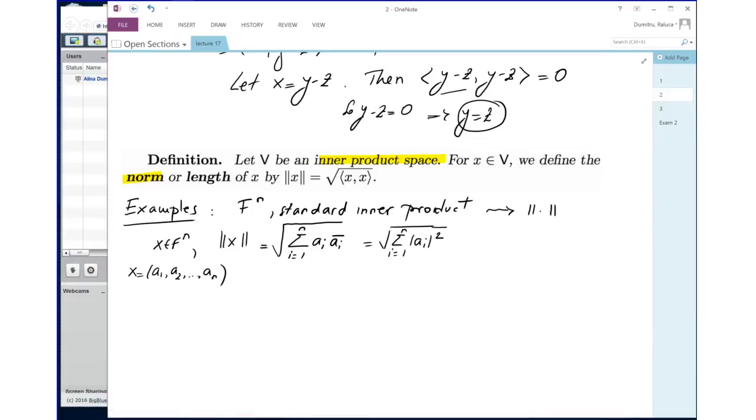And that's something that you might have seen before in Rn as well. In fact, you've seen it. The length of a vector in R2, how do you compute it? Isn't it the square root of the sum of the squares of the sides if you form a right triangle, let's say, right? That's exactly what this is. Same thing, only that it's generalized to Rn and then to any Fn.